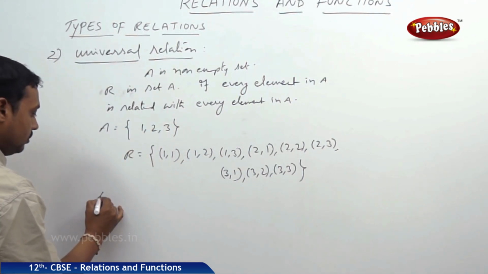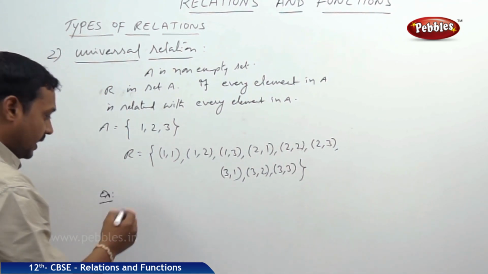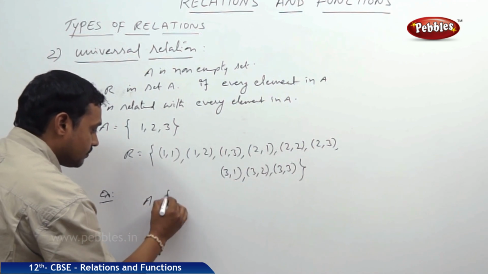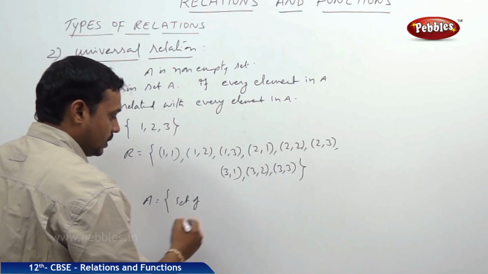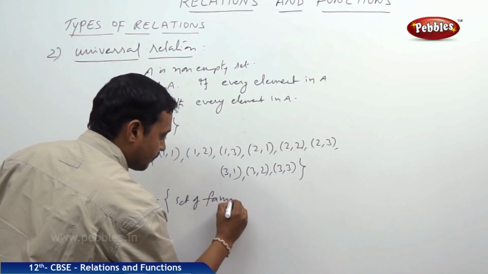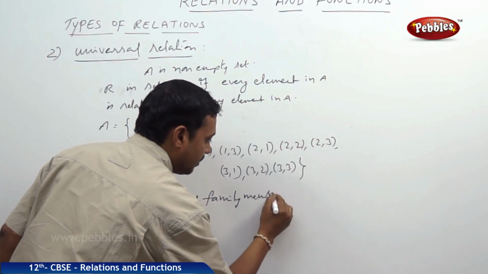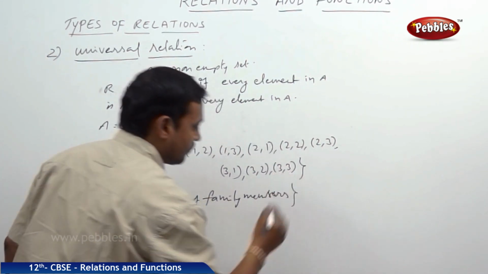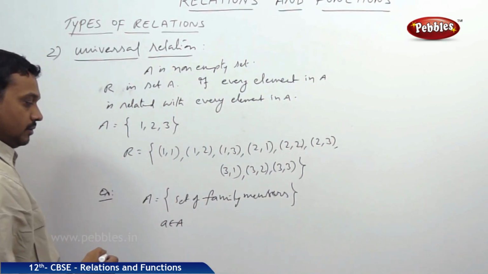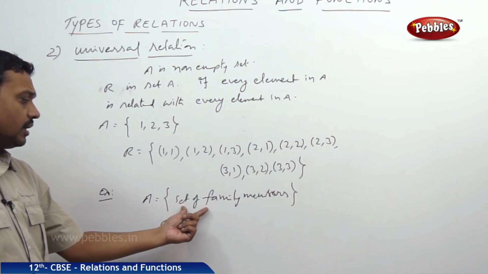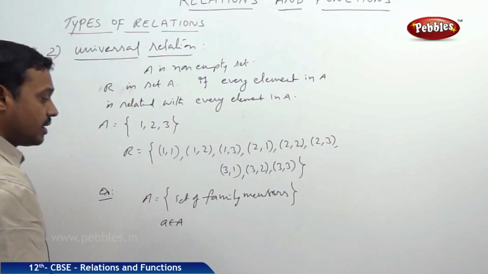And one more example, in a combined family again. So A is the set of family members. Okay. Now let us take one member from A. Definitely we know that each and every member has a relation with another member.